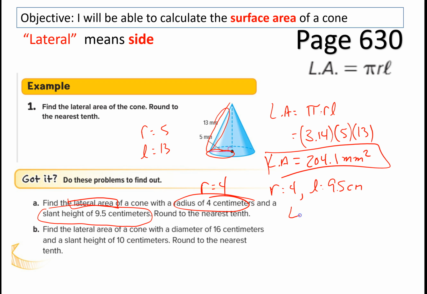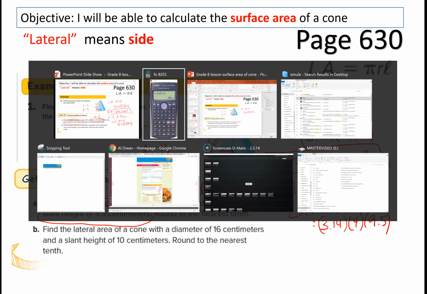So my lateral area is pi times radius times slant height, 3.14 times 4 times 9.5. Let's take out the calculator.